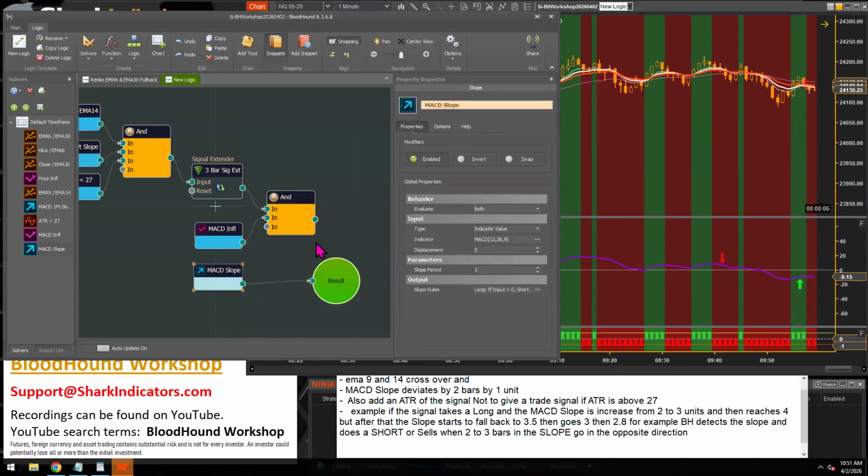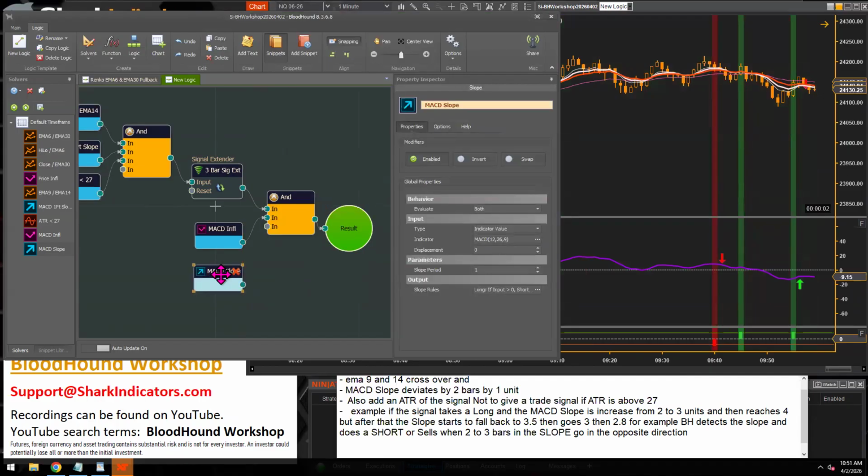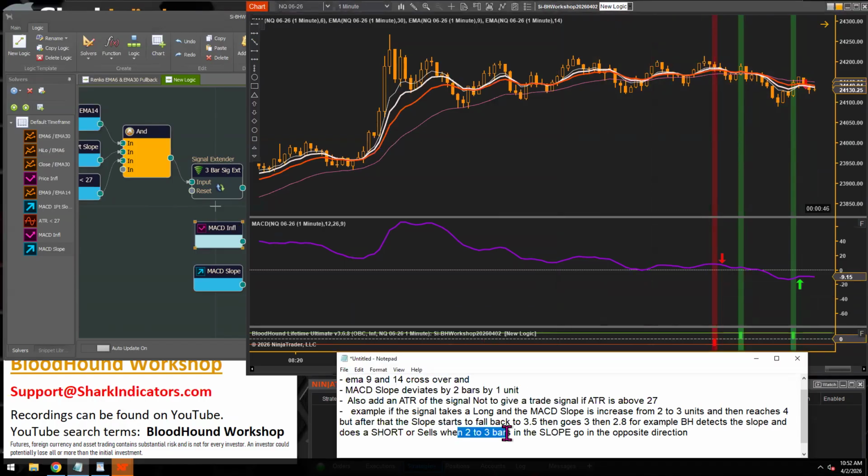So before I connect this in, because we are utilizing an inflection solver to identify when the MACD reverses conditions, I can use the inflection solver to satisfy this 2 or 3 bar continuation of the MACD rolling over there.